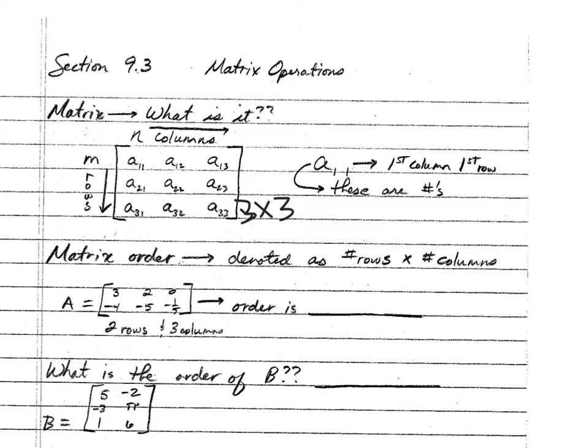For example, A is the matrix with these 6 numbers, and we want to know the order. We have 2 rows and 3 columns, so this is a 2 by 3 matrix.